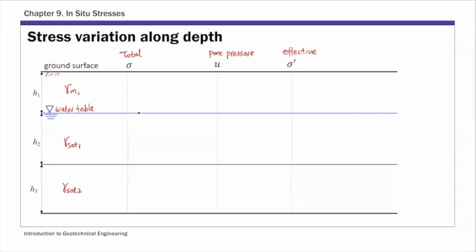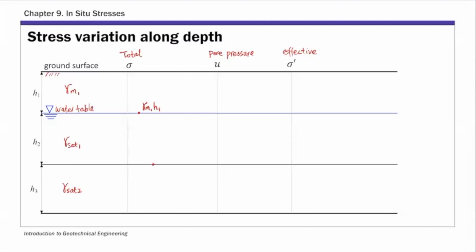At this interface, the value of total stress at this depth is gamma M1 H1, just unit weight times depth. That's the total stress at depth H1. Then at the next interface, the total stress is again the total weight above this point over the cross-sectional area.